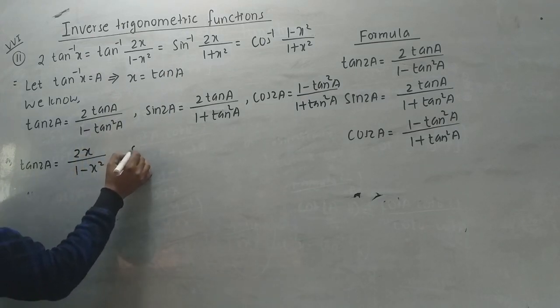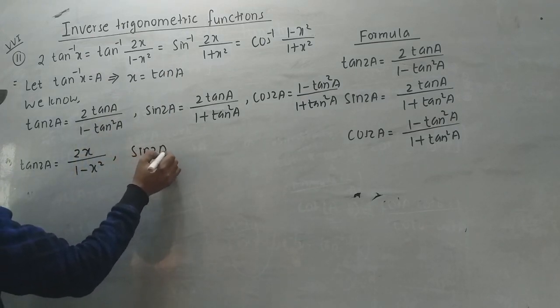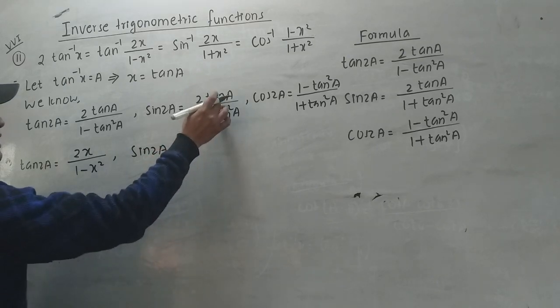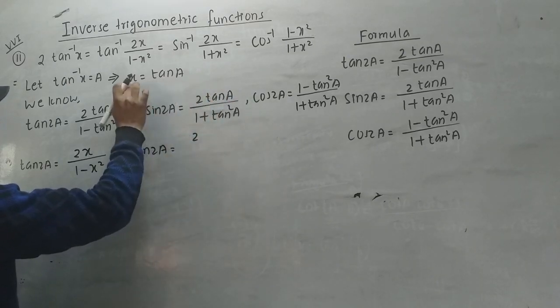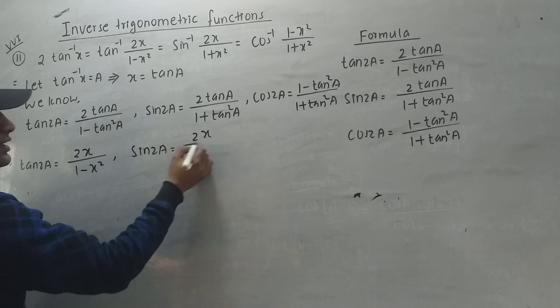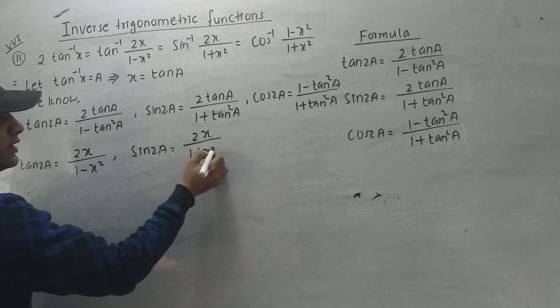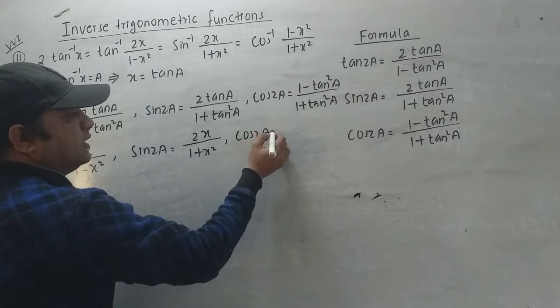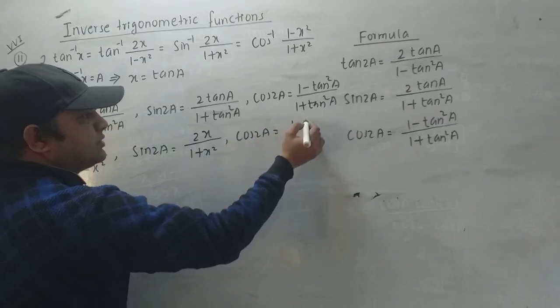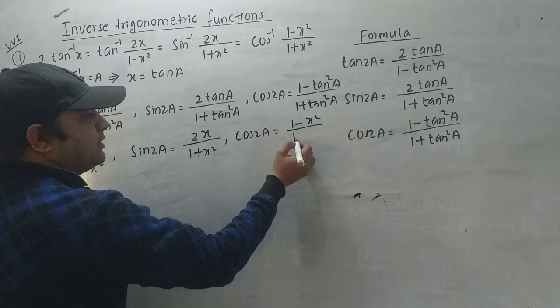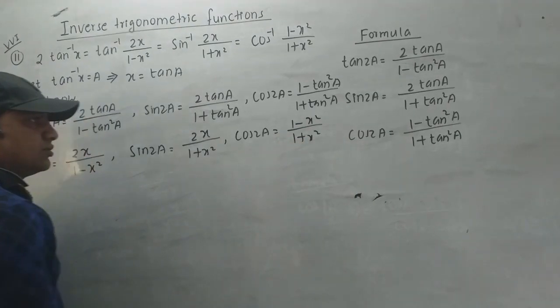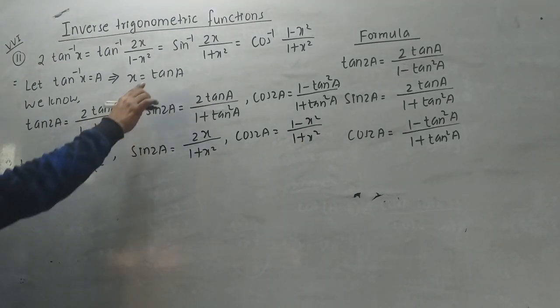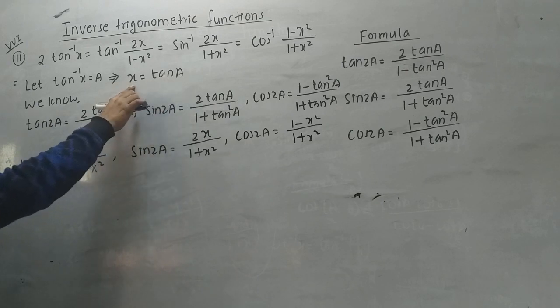After that sin 2A: 2 remains the same, in place of tan A you replace by x, so 2x divided by 1 plus x square. Now cos 2A is 1 minus x square whole divided by 1 plus x square. So everywhere in place of tan A you can replace that by x.